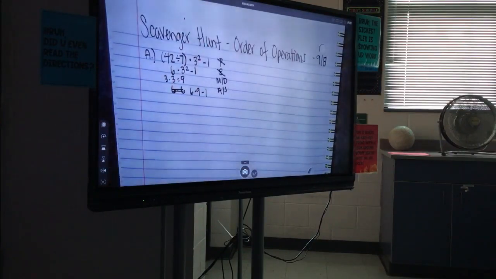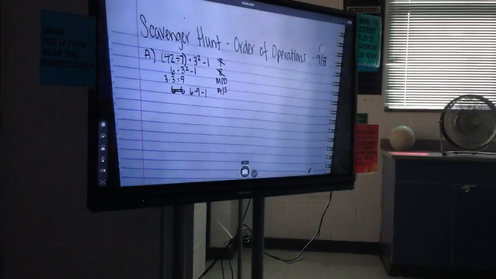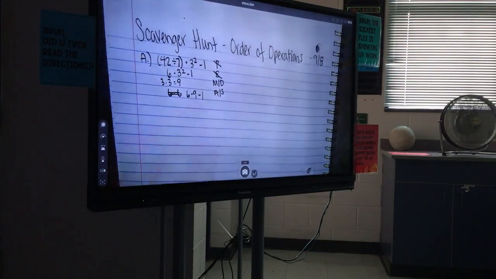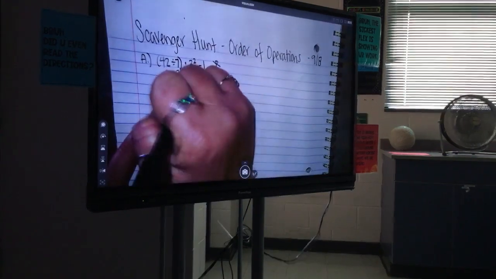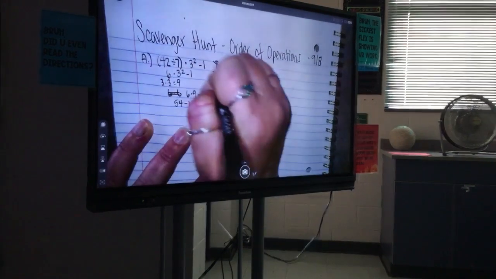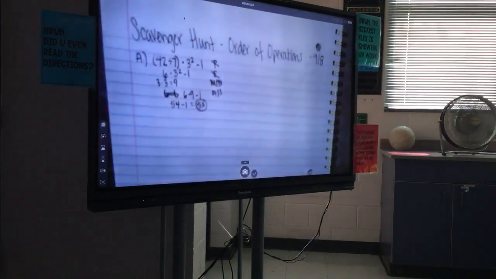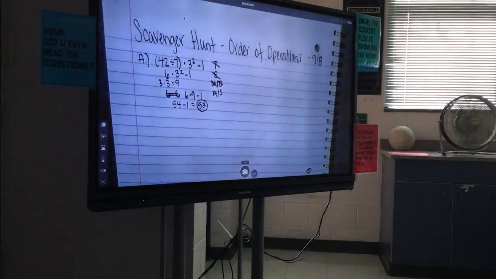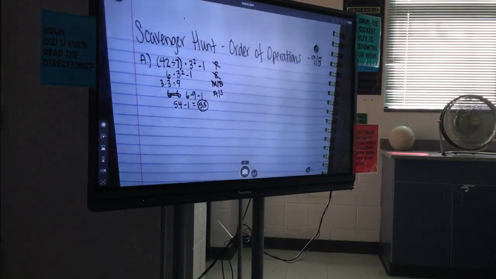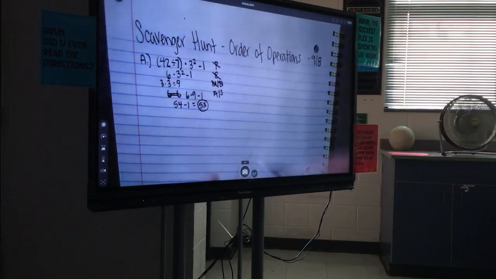And now I'm looking for either multiplication or division. Do I have multiplication or division? Does everybody know what that dot means? Just making sure. All right, so what is 6 times 9? 6 times 9, Zachary? 54. So 54 minus 1? All right, so 54 minus 1 is going to give me 53.